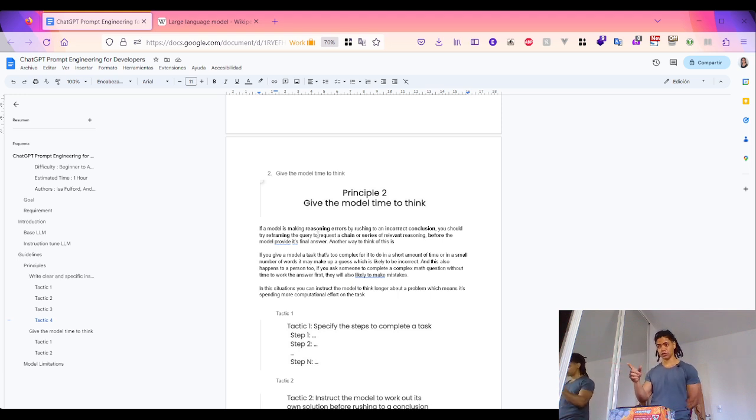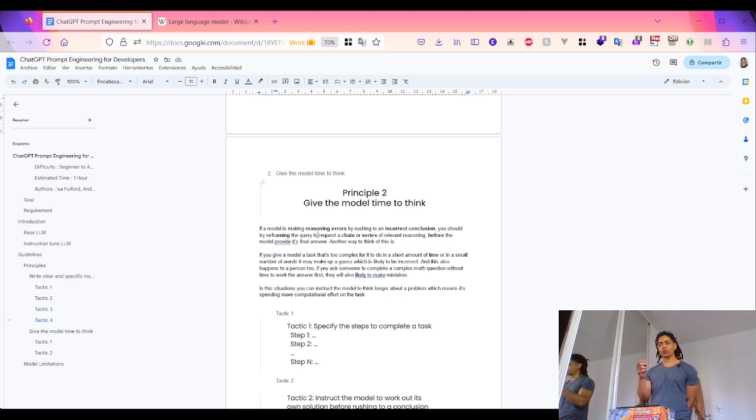give the model time to think. If you give a model a task that is too complex for it to do in a short amount of time or in a small number of words, it makes up a guess which is likely to be incorrect. This also happens to a person too.